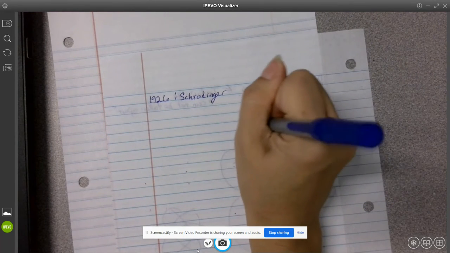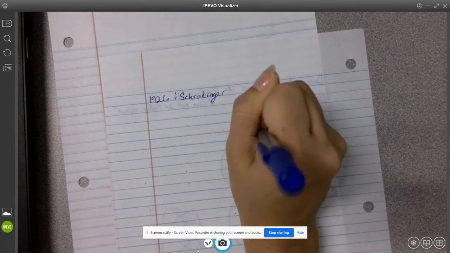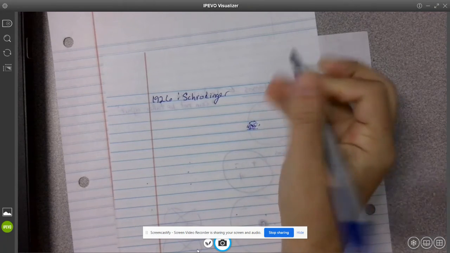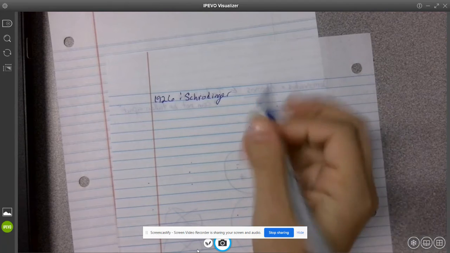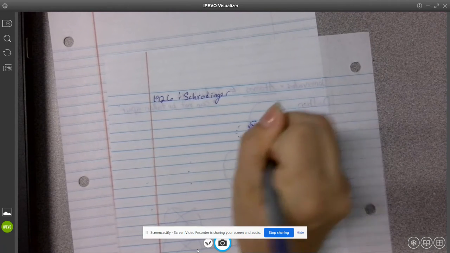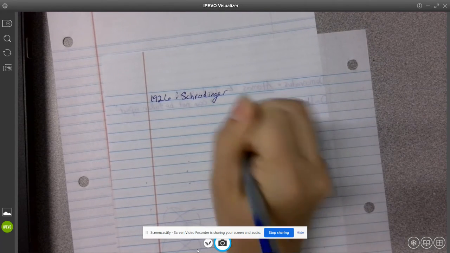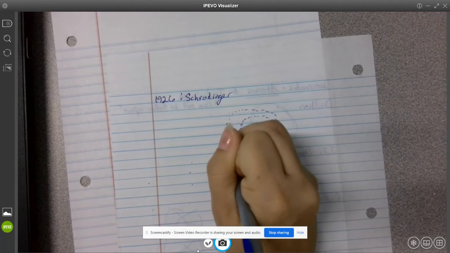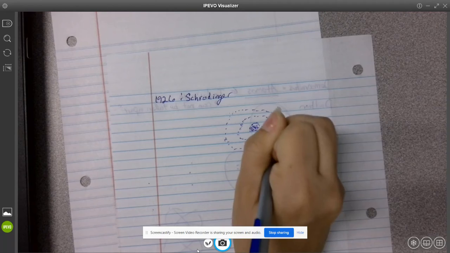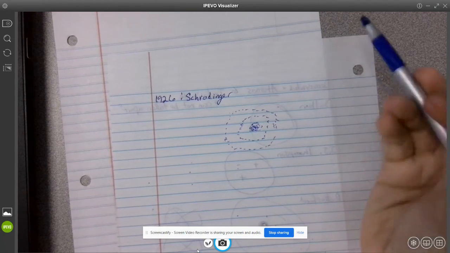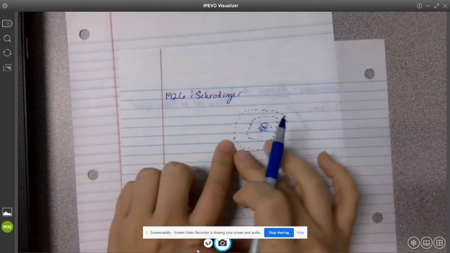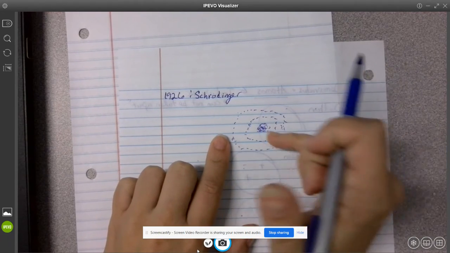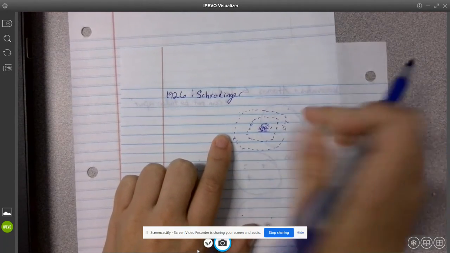And this is just a probability. We have our solid center where our electrons like to stay. And he liked to say that everything is a probability. And so where there's more dots, there's more chances of finding your electrons.